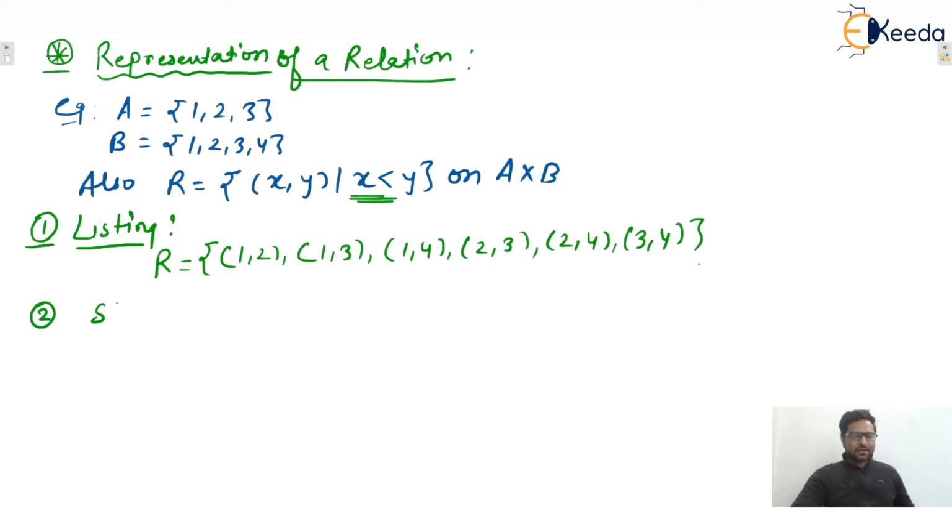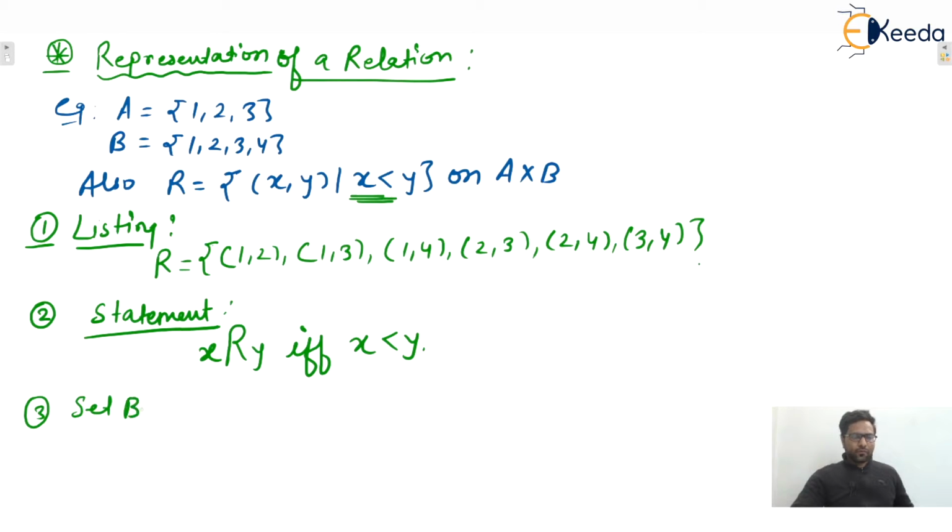Second is the statement method. In the statement method it can be written like this: x is related to y if and only if x is less than y. Third is the set builder form, or set builder representation.